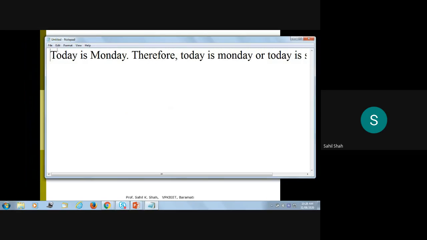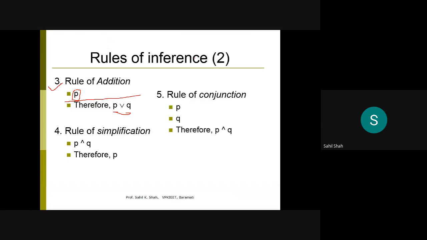Here, today is Monday will act as simple P, and therefore today is Monday or today is Saturday will act as P or Q. Obviously, we know that on a single day there can be either Monday or Saturday, but not both. If it is given that today is Monday, then your conclusion would be today can be Monday or Saturday, but not both. That is the meaning of this rule of addition.